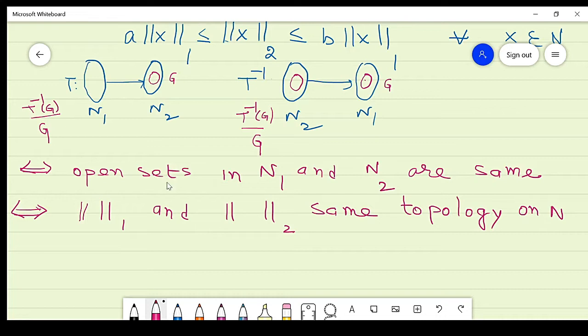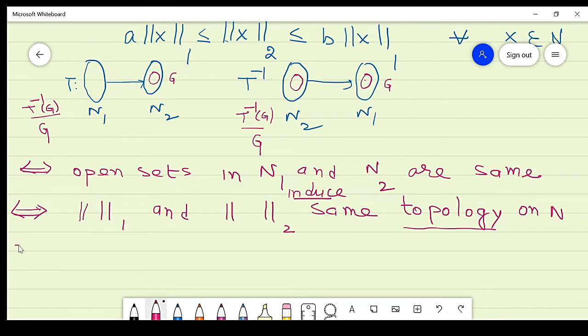Because open sets with norm 1 and open sets with norm 2 are the same, clear? So it means they induce the same topology on N. Don't confuse yourself with the word topology. Simply remember, open sets with norm 1 and open sets with norm 2 are the same. If they are the same, they induce the same topology on N.